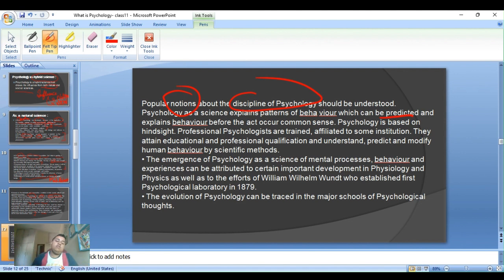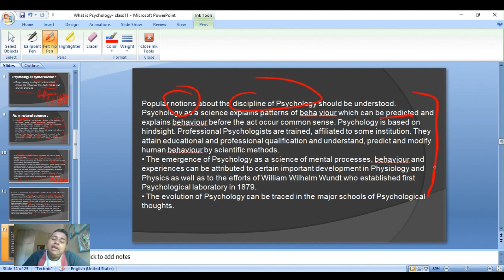The emergence of psychology as a social science of mental processes, behavior, and experience can be attributed to certain important developments in physiology and physics as well as the efforts of William Wundt, who established the psychological laboratory in 1879. The evolution of psychology can be traced in the major schools of psychological thought.